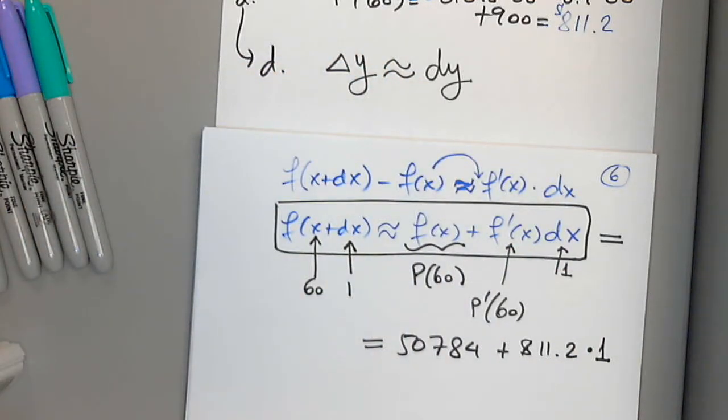Now you understand that this relationship will not be the best to use if I increase the sales from 60 to 100. It will not be good to use from 60 to even 70.